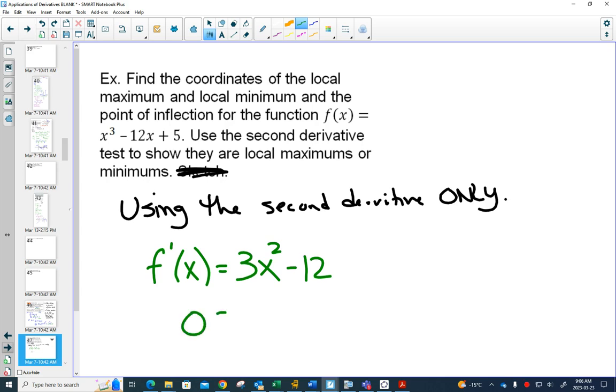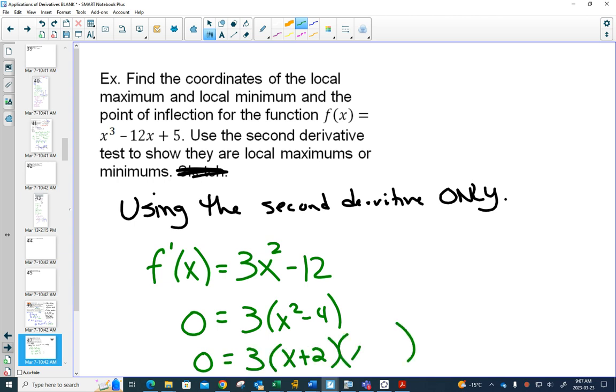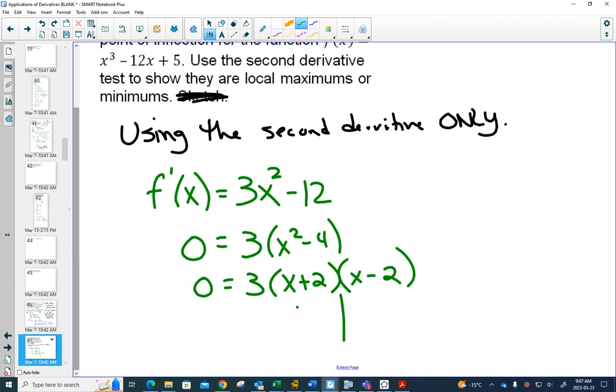Set it equal to 0. Factor out the 3. Notice a difference of squares. And then do not do the number line for the first derivative.